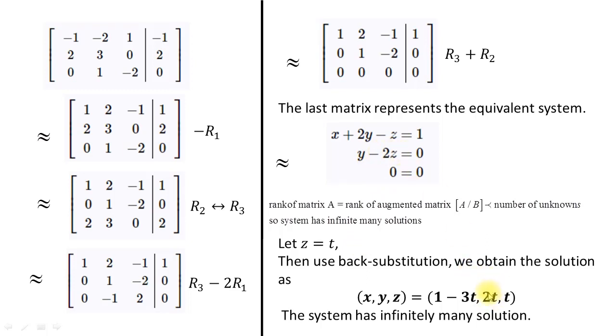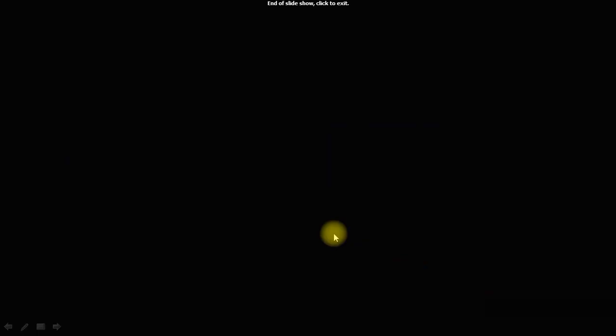Now putting in the first equation the value of z as t and the value of y as 2t, 2 multiplied by 2t is 4t, 4t minus t is 3t, so x is equal to 1 minus 3t. The value of y is 2t and the value of z is t. So the system has infinitely many solutions because t is any real number.